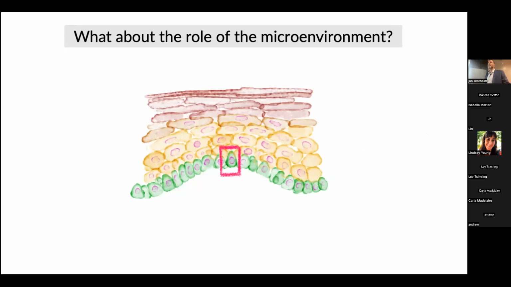But there are so many things going on in the tissue, right? You have all kinds of microenvironment considerations of what that cell is experiencing. And there are all these neighbors, there are different forces, and all of these different things could in principle be different from place to place within the tissue. And so we were wondering, what role does this play in regulating cell division?